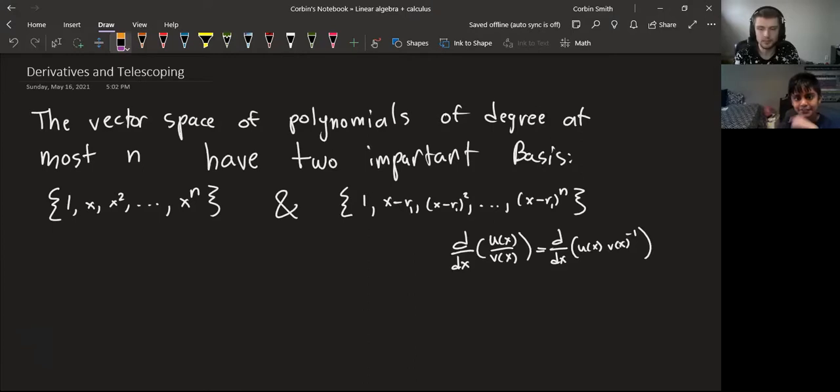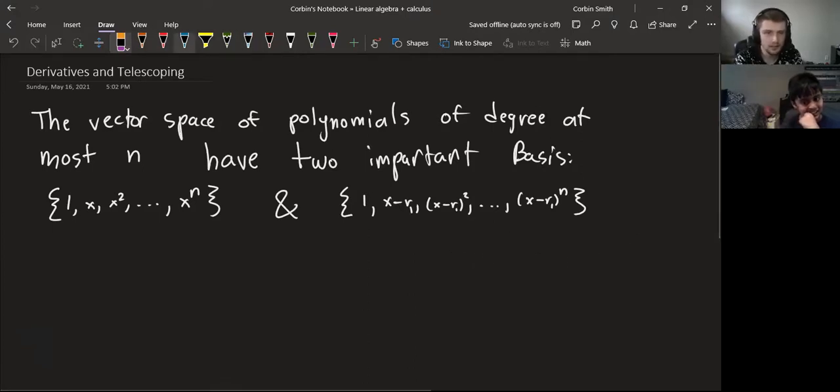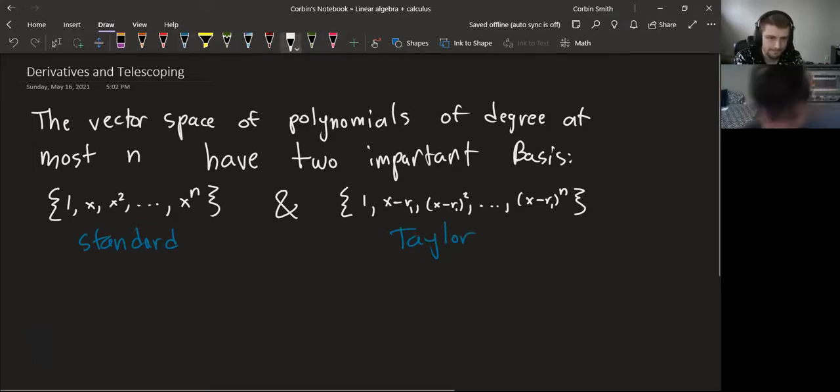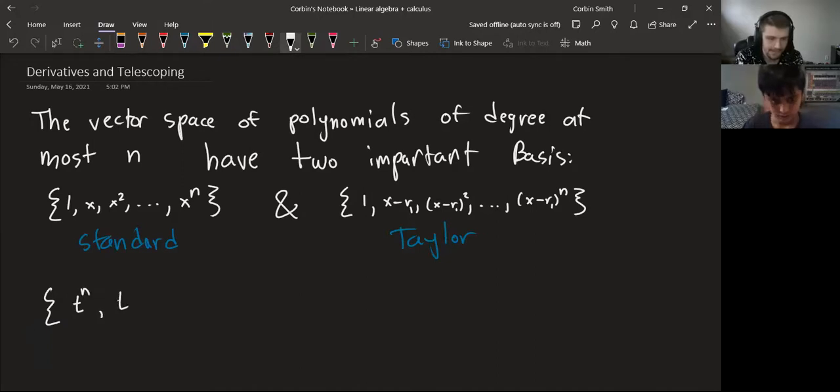Okay. There can be another basis. There can be lots of different bases. So this is the standard. I know there might be a basis that is the one.